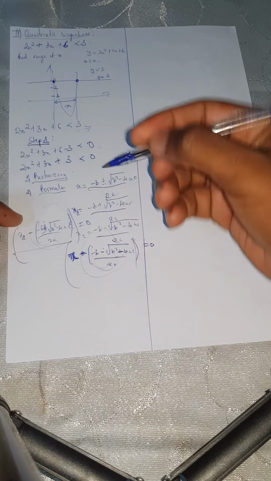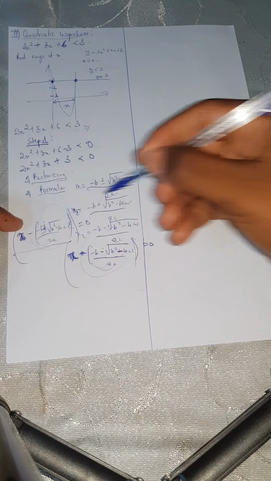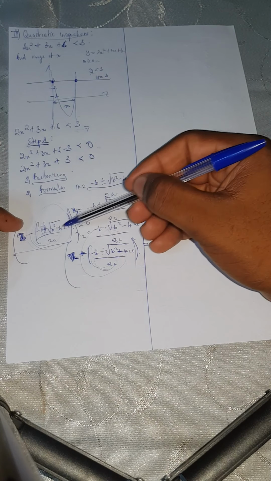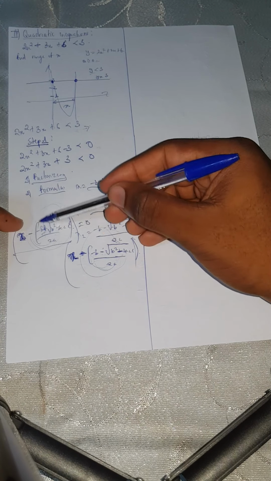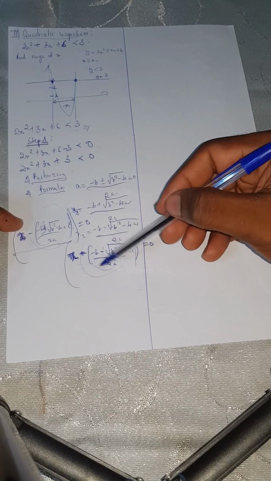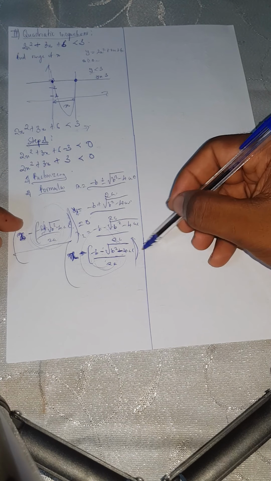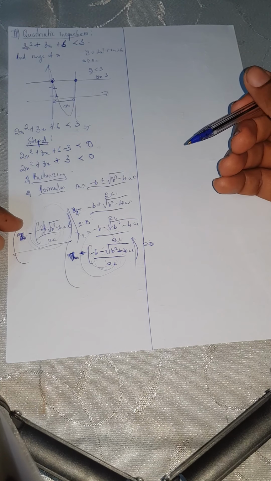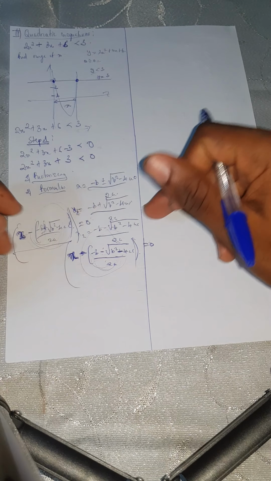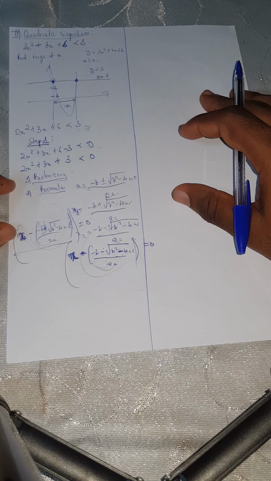This is still x. x1 and x2 are both x. So x minus the different values of x found with the quadratic formula are going to be equal to 0. So if I multiply them, I'm going to have a form of factorization.